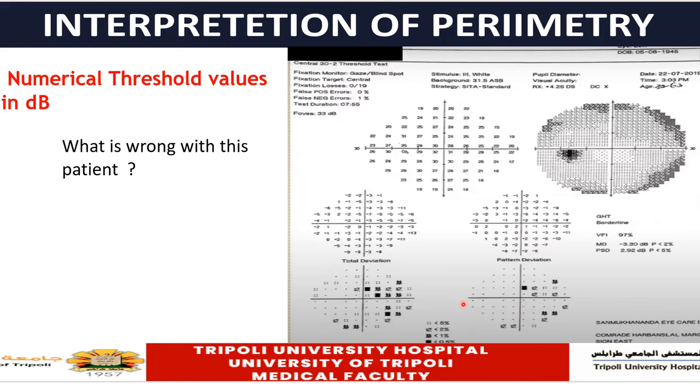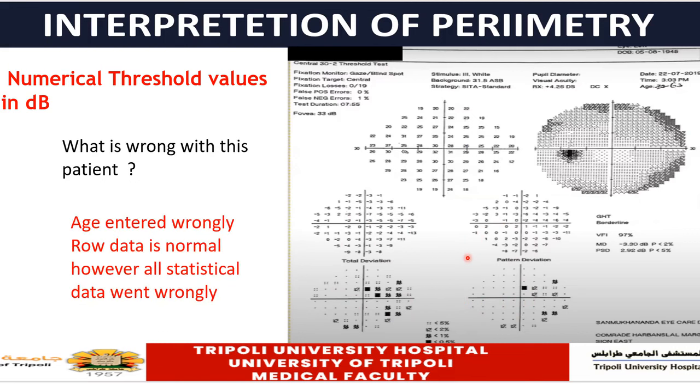So in this patient, there is a mistake in the age of the patient. The age was placed wrongly after doing the test, so the numerical data are normal because they are not changed after taking the test. However, all the statistical analysis went wrongly because they compare it with another normative data not comparable with this patient's age.